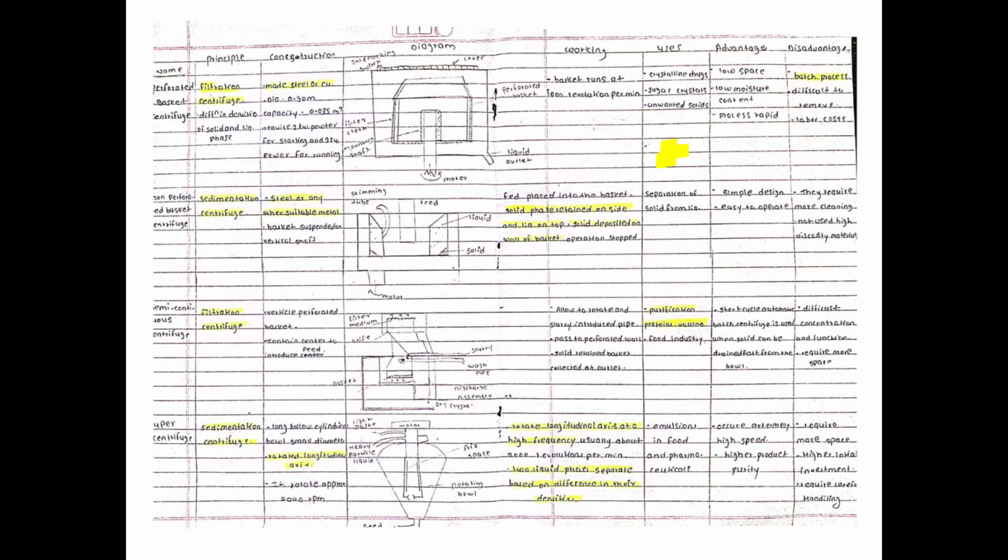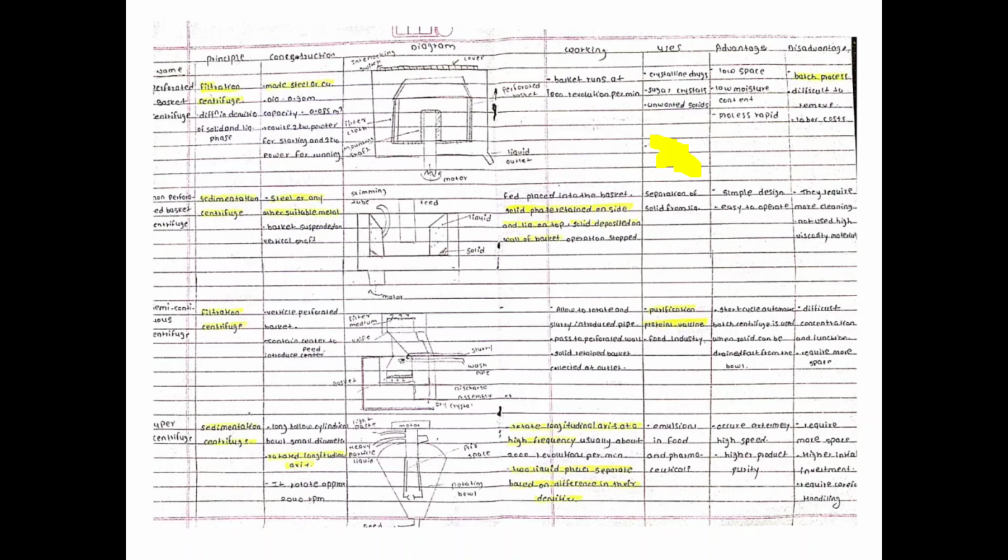Uses: crystalline drugs, sugar crystals, unwanted solids. The sedimentation centrifuge is used for separation of solids. In the non-perforated basket centrifuge, which works as a sedimentation centrifuge, the solids have to settle down.